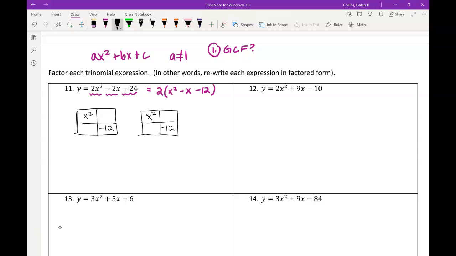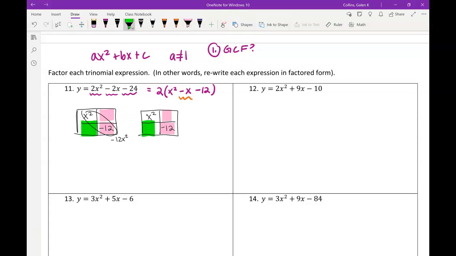And so again, I want to think what multiplies to negative 12x squared that has a sum of negative 1. All right, so if I think of my factors of negative 12, well, I know first of all that since these numbers are negative, I have to have a negative and a positive when I factor.